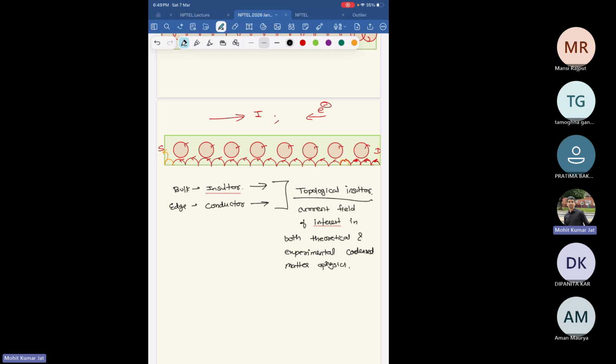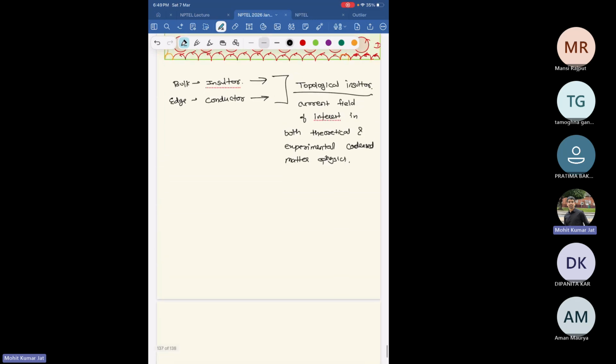I don't know whether you guys read the arXiv papers or not. Out of 10 papers, almost 2 to 3 papers minimum are on TI, topological insulators.